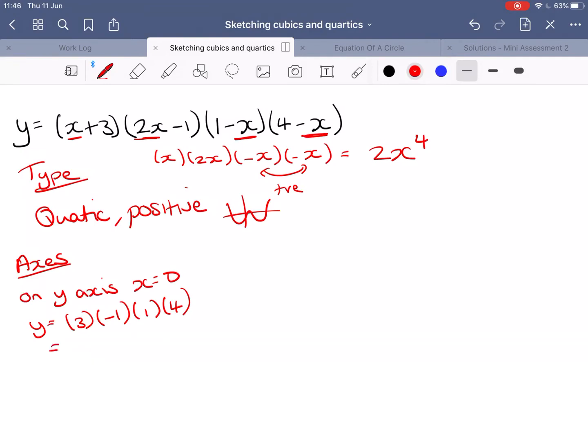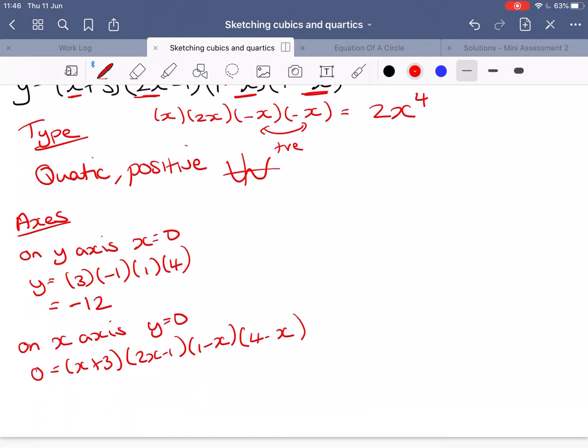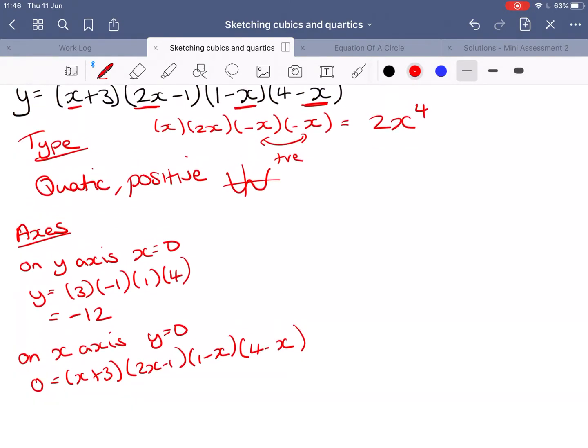So I've got 3 times minus 1 times 4, which gives me minus 12. And then again on the x-axis, I set y to be 0. So 0 equals those brackets, each of them individually, all multiplied together. So the only way that can be 0 is if one of the brackets is 0.